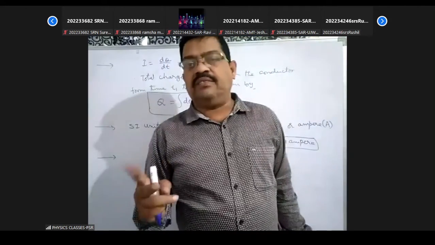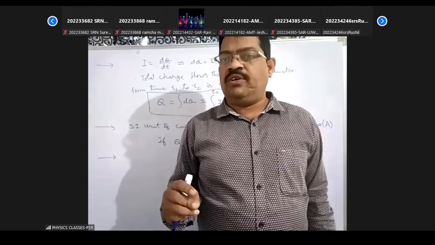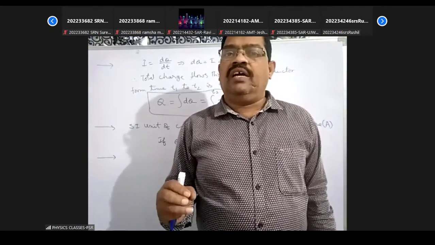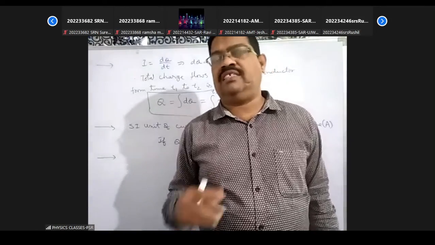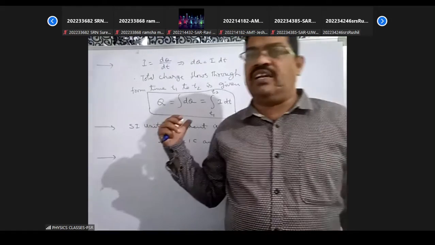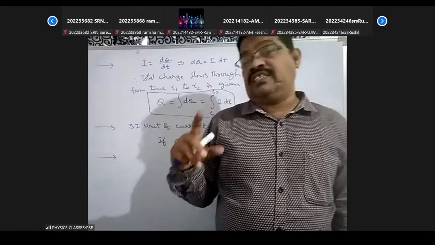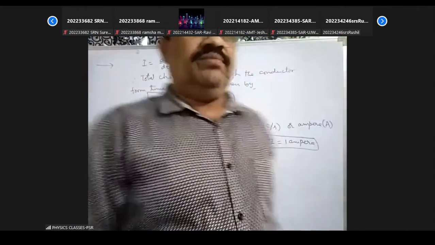Fundamental, sir. Correct, it is a fundamental physical quantity, not a derived one. Along with length, mass, time, electric current, thermodynamic temperature, quantity of matter and luminous intensity, these are the fundamental quantities. So current is one of the fundamental physical quantities, and its dimensional formula is A itself.